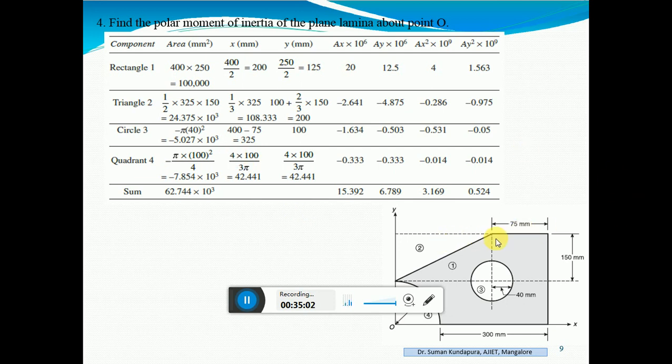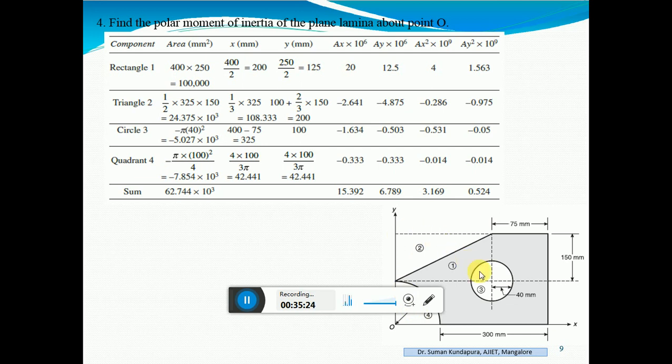Next, I will cut off this triangle from here. Second, that is half into base into height. This triangle is a cut off portion, so there should be a negative sign, because you are cutting off this portion from the entire rectangle.